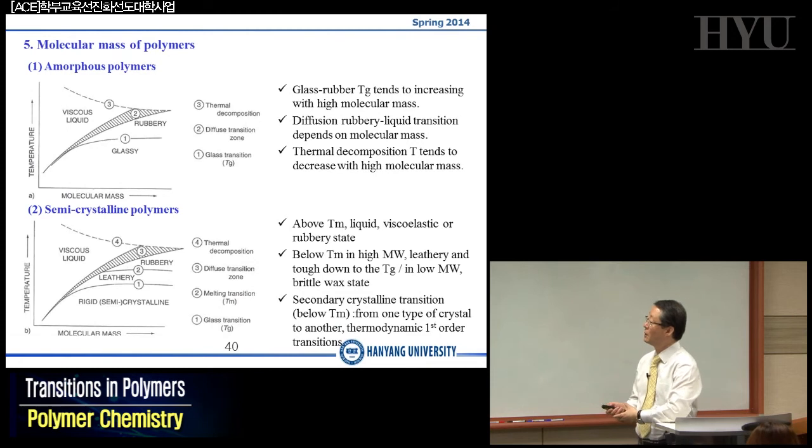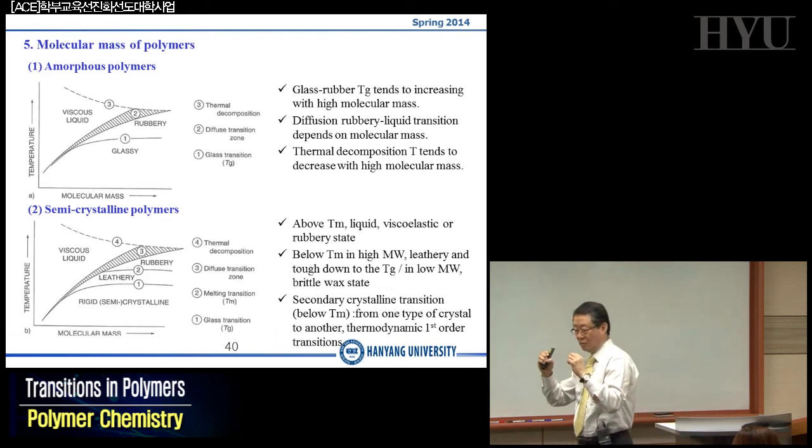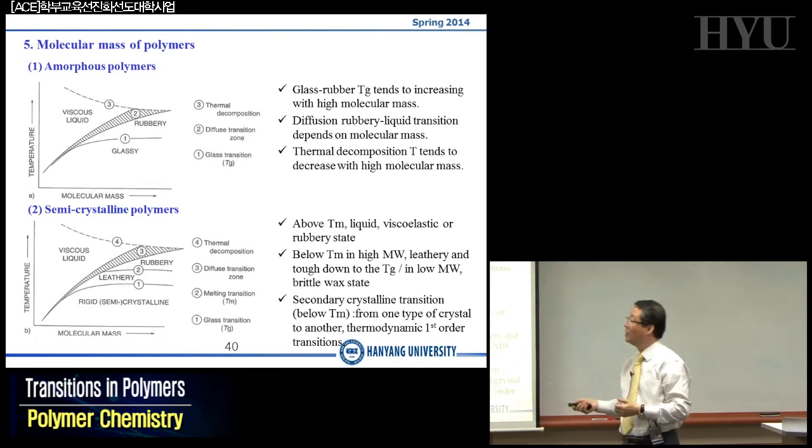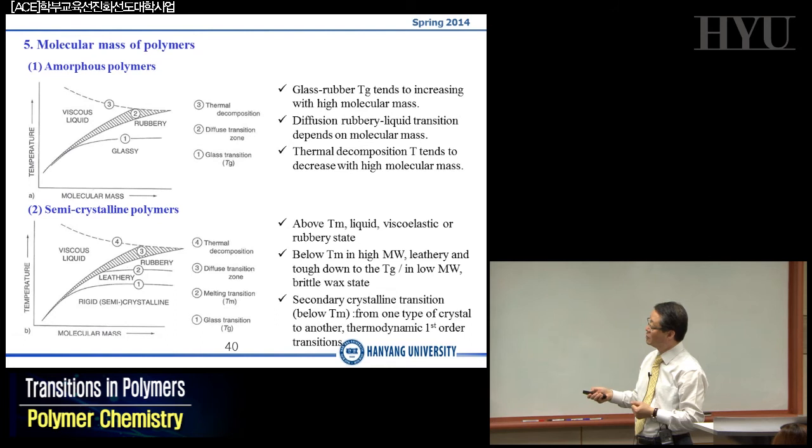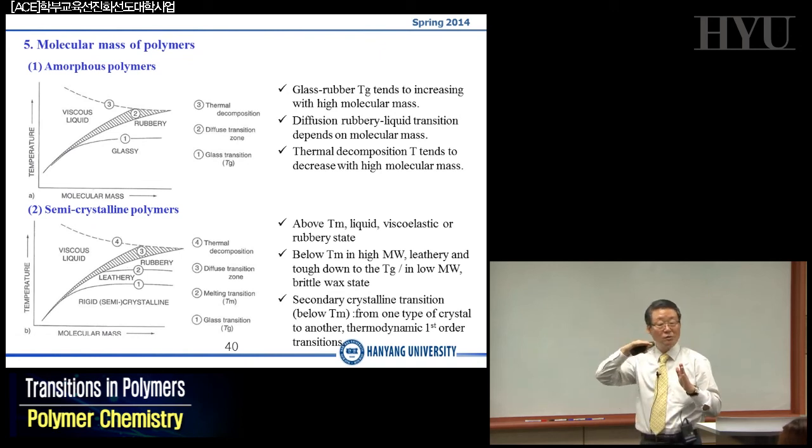And also the Tg might be influenced by the mass of the polymers, the molecular mass of the polymers. In other words, if you have higher repeating units or high molecular weight, your Tg, which is the glassy to rubbery transition, increases as you increase the molar mass, in both the amorphous polymers and the semi-crystalline polymers, up to some point, but it reaches a plateau region.